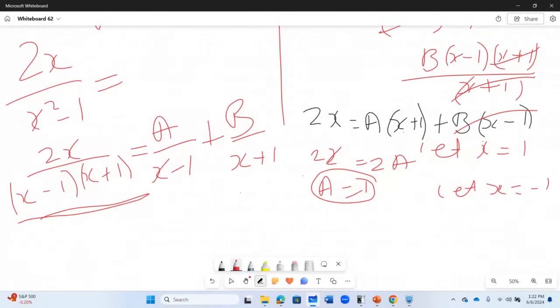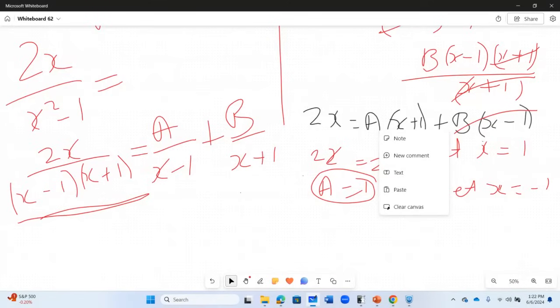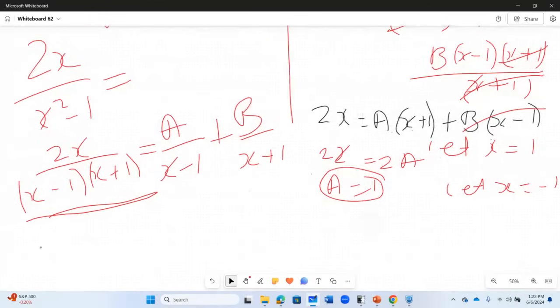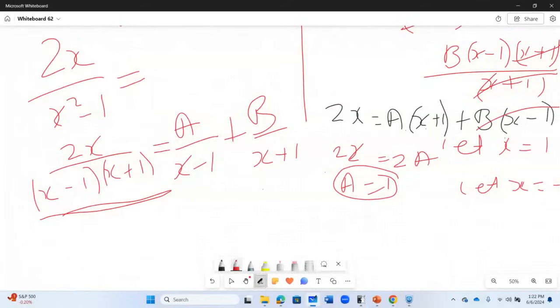When x is negative 1, if you plug in negative 1 here, A will be 0.